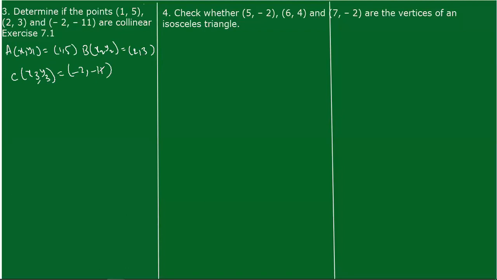So we have to check the distances AB, BC and AC. First let's check AB.